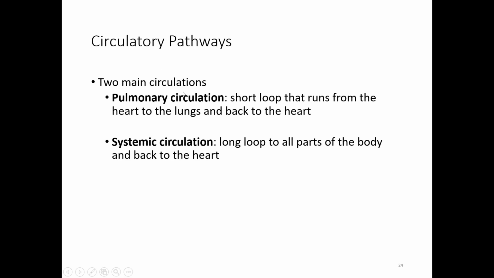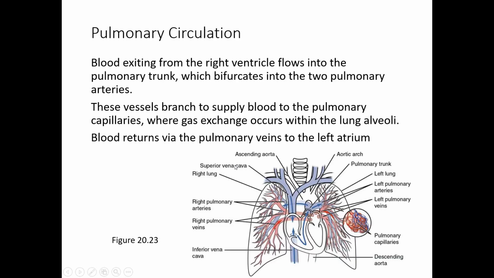You also know that there are two main circulatory pathways: pulmonary circulation and systemic circulation. Let's remember what they are about. Pulmonary circulation starts from the right ventricle when it pumps blood into the pulmonary trunk, which branches into the right and left pulmonary arteries, here they are, which carry deoxygenated blood into the pulmonary capillaries.